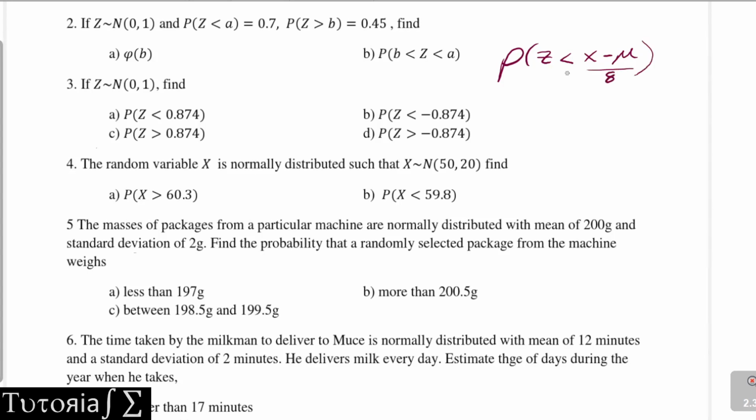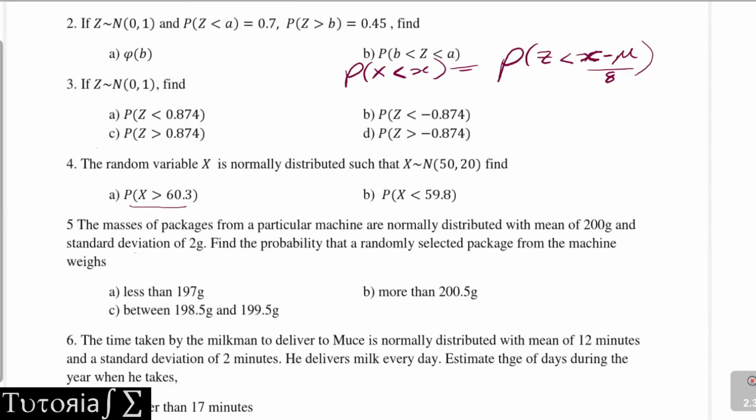This is the formula that you're going to use. So for the probability of x less than, maybe I'll put small letter x, in normal distribution, this is equal to that. That is the formula that we'll be following.